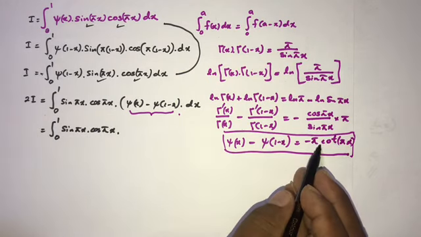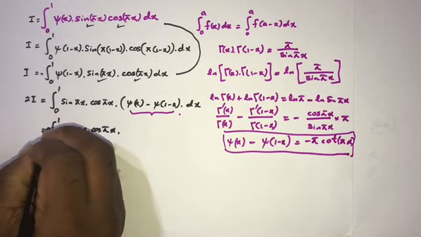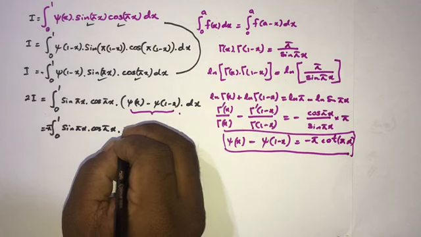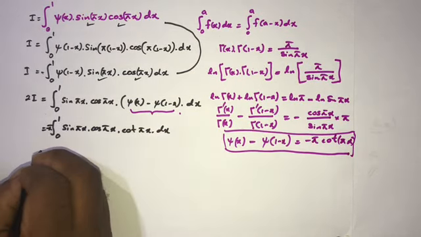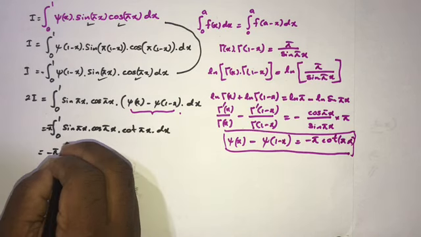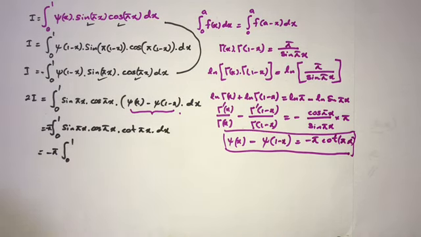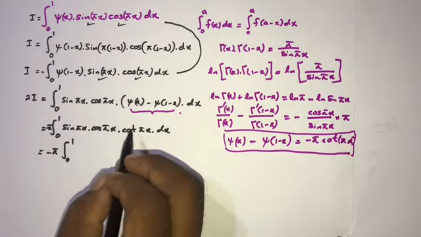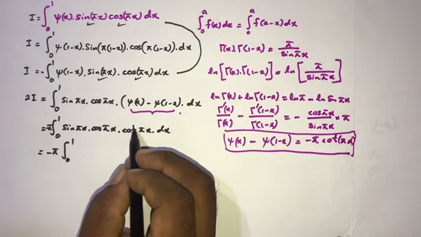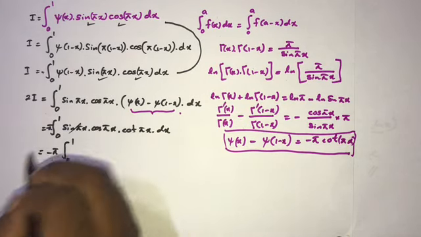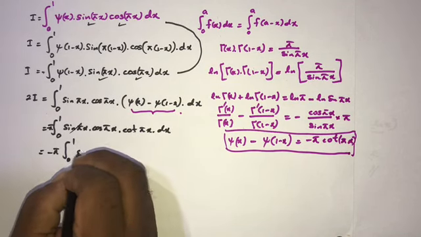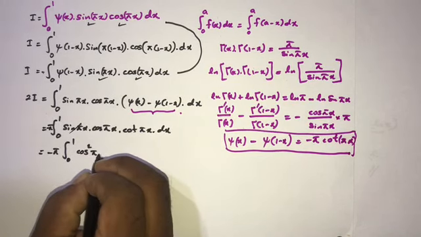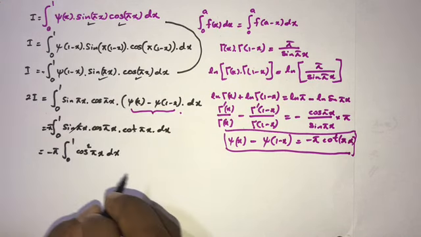So minus pi is a constant, so we can write it outside of the integral sign, and here cotangent of pi x dx, and then here minus pi integral from 0 to 1. Now cotangent, we know cosine over sine, and this sine gets cancelled. Cosine times cosine, we know cosine square of pi x dx.